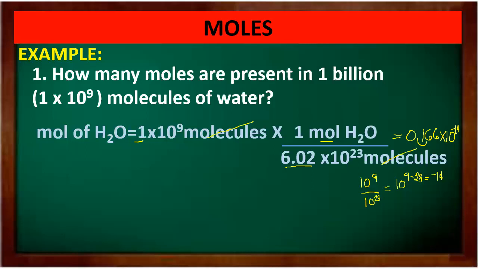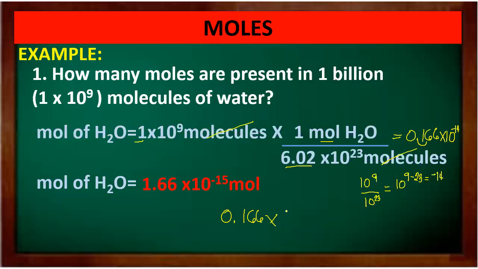Ang magiging sagot natin, negative 14 plus negative 1 will give you negative 15. So, ang answer natin is actually 1.66 times 10 to the power of negative 15 moles of water. Okay, so yan, negative 15. Kasi doon sa taas, di ba, yung sagot natin is 0.166 times 10 to the power of negative 14.